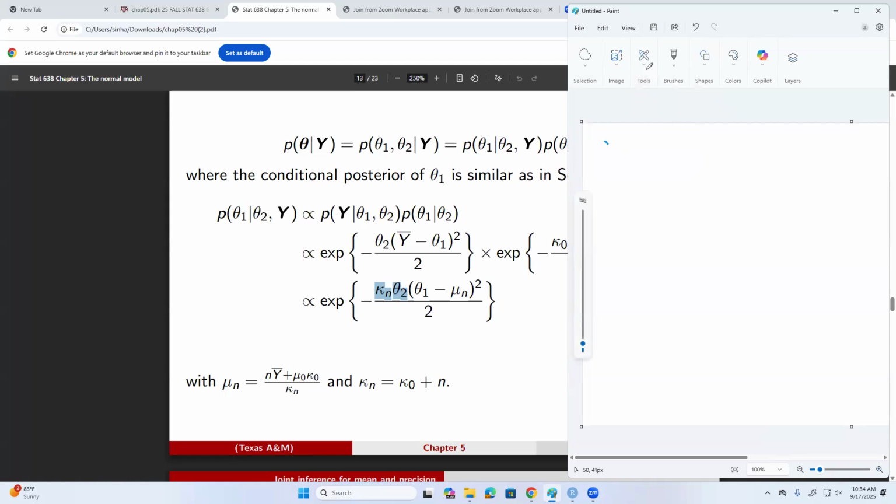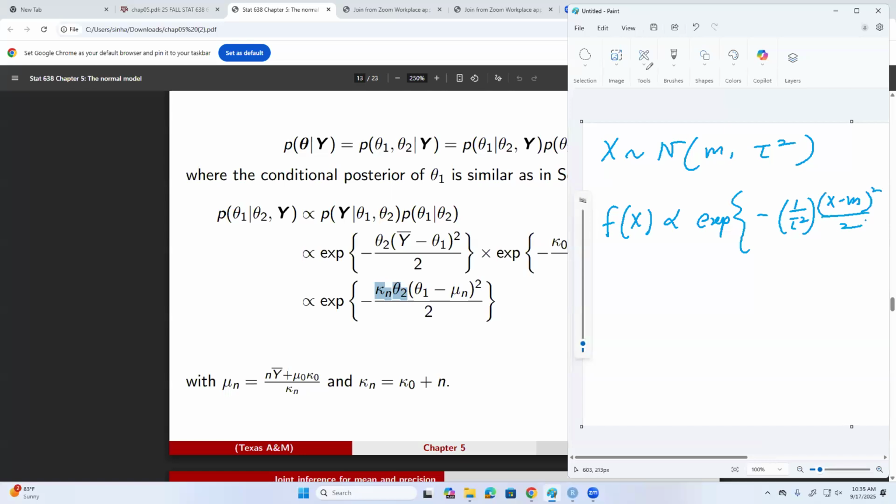Because I just identify it with the generic expression of the normal density. So if X follows a normal distribution with parameters m and tau square, then the density kernel looks like e to the power minus 1 over tau square times (x minus m) square over 2.